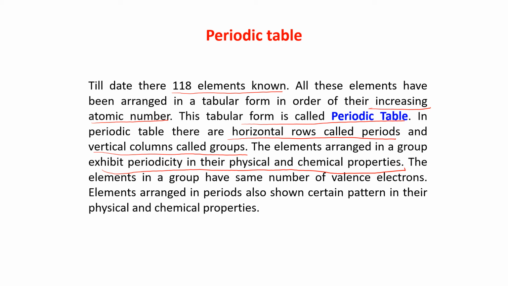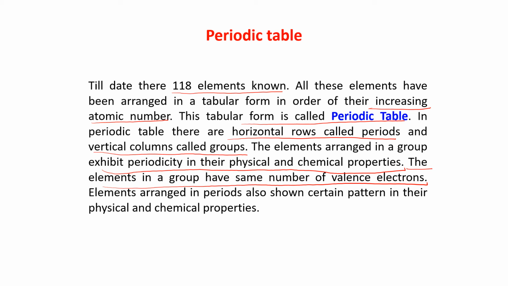The elements in a group have same number of valence electrons. This is very important. The elements in a group have same number of valence electrons, and that is why they are showing the same physical and chemical properties, because the valence electron is only responsible for their chemical properties. Okay, so we are keeping them in a particular group.